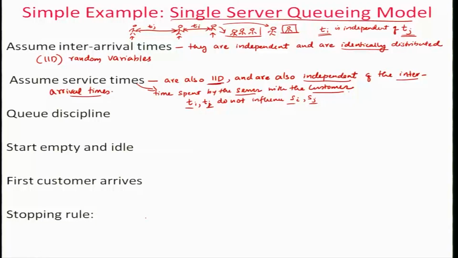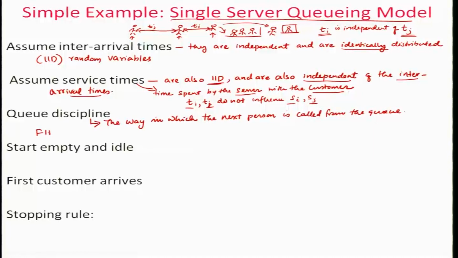Okay. Queuing discipline. This is the way in which the next person is called from the queue. There are people waiting in the queue. Whom will you call next?